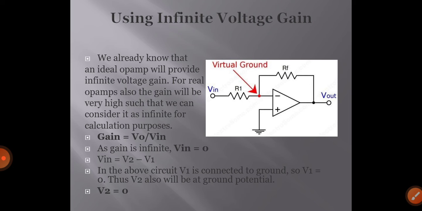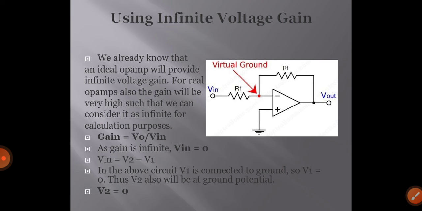In the ideal characteristics of an op-amp, the gain is infinity. That's why I took this circuit. We already know that an ideal op-amp provides infinite voltage gain. For a real op-amp also, the gain will be very high.